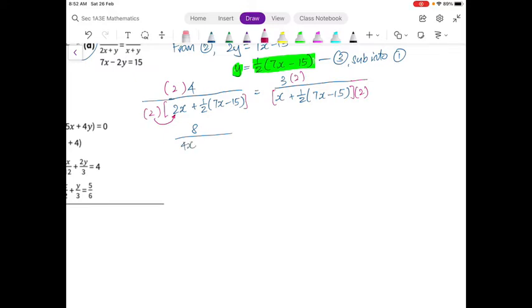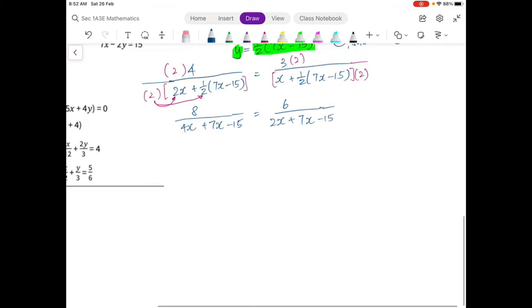Continue to expand, half disappears, we end up with plus 7x minus 15. On the other side, we have 6 over x plus, 2x plus 7x minus 15. Okay, now we continue to simplify. 8 over 11x minus 15. On the other side, 6 over 9x minus 15.